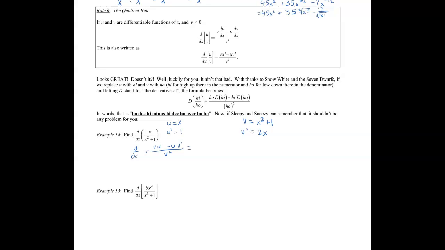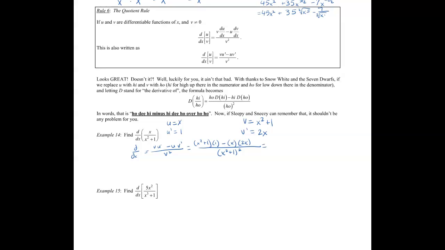So v is x squared plus 1, times u primed, which is 1, minus u, which is x, times v primed, which is 2x, all over low low, which is going to be v squared, which is x squared plus 1 squared. Low d high minus high d low all over low low, which is why it gets that square. From here, all we have to do is simplify.